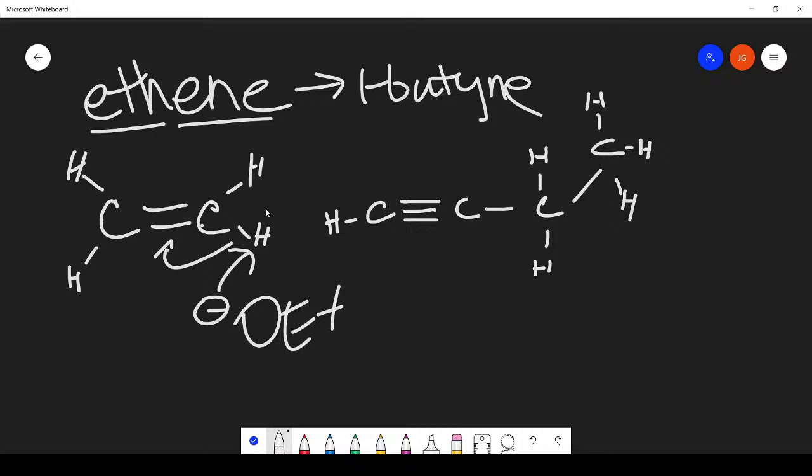Okay, let me go through my notes and see if we have something. My first instinct would be to do an elimination, but I don't think that's going to happen necessarily, because something tells me that if we do an elimination, it's not going to react because this bond is not as polar as we'd like.